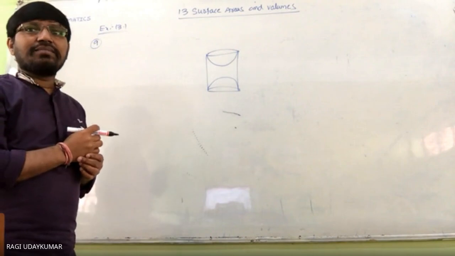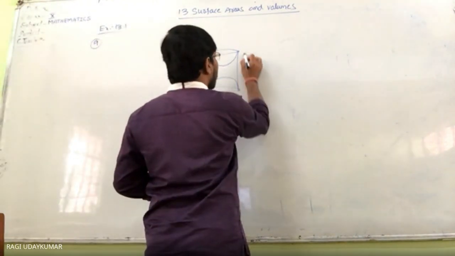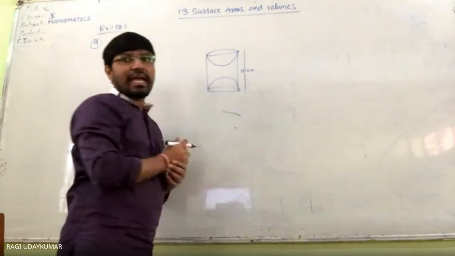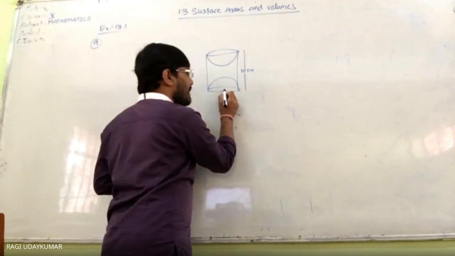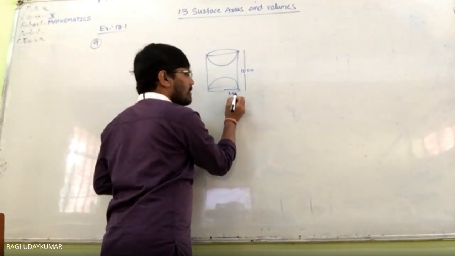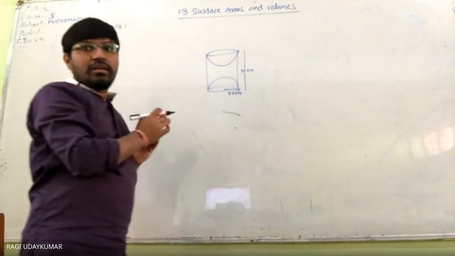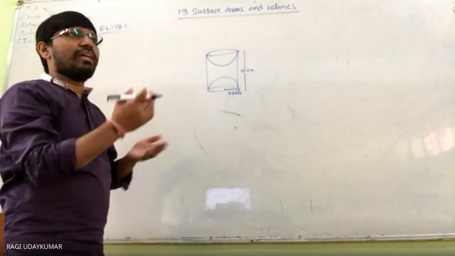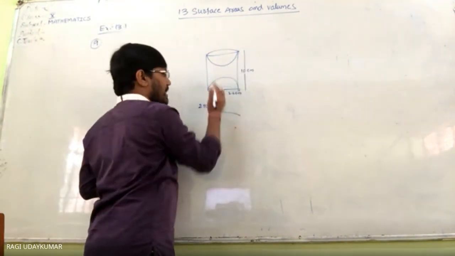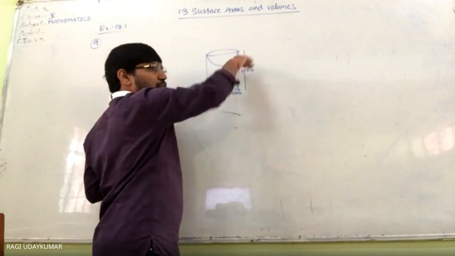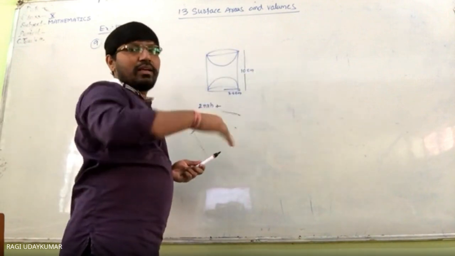So if the height of the cylinder is 10 centimeters, this completely 10 centimeters height, and the base radius is 3.5 centimeters. Radius is given to you, 3.5 centimeters. Find the total surface area. The first formula generate करो. 2 pi r h curved surface area plus inside hemisphere. एक हेमिस्फीयर here, ऊपर हेमिस्फीयर.